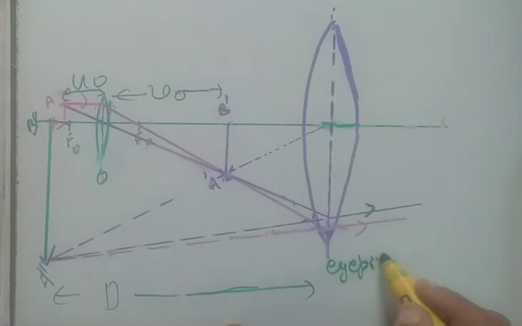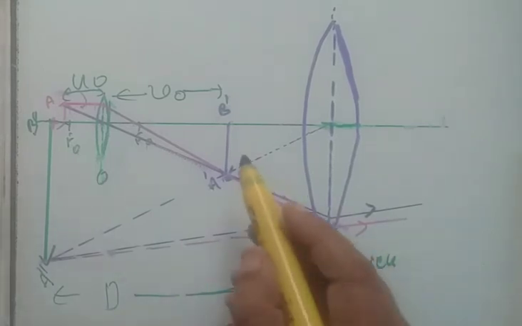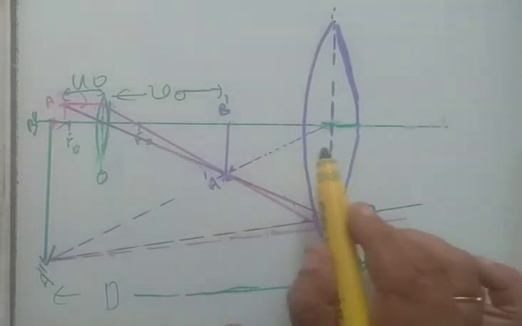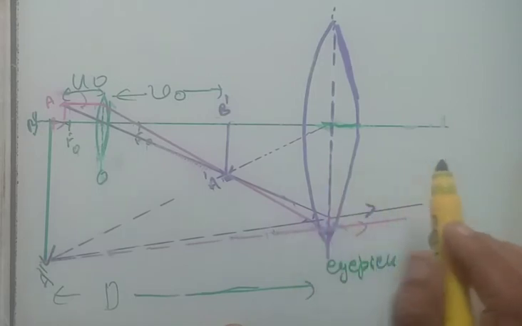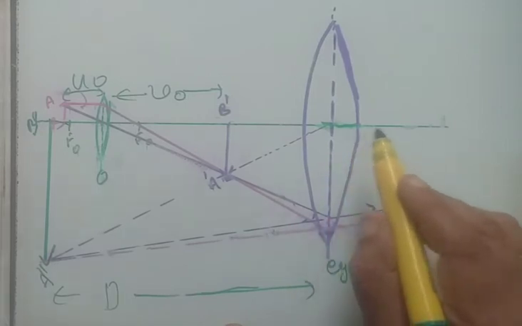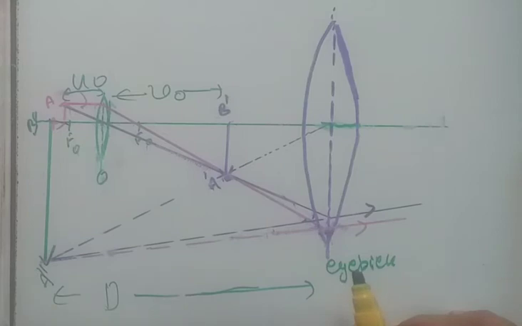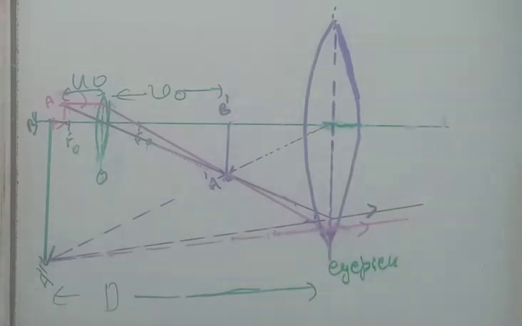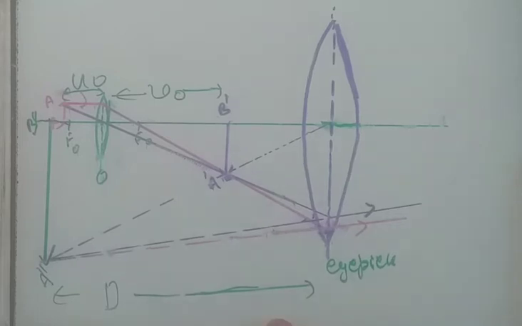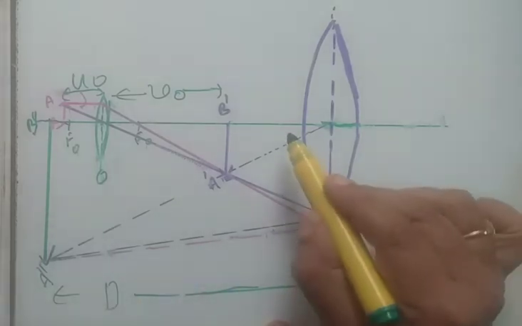This is the eyepiece, and observe, we take this eyepiece as a simple microscope lens, that is a double convex lens, to form the final image A double dash B double dash at the least distance of distinct vision. So with this we can go for the derivation, but for that we mark the angles now.